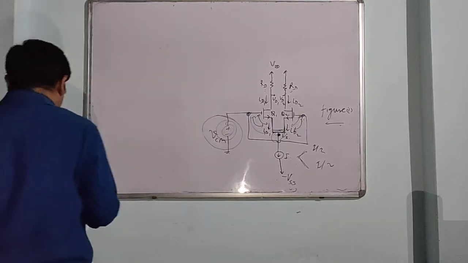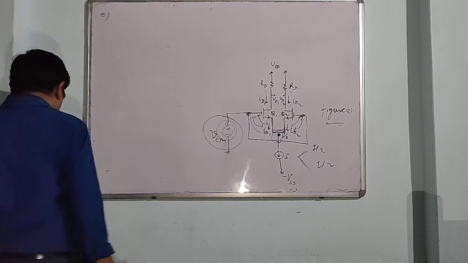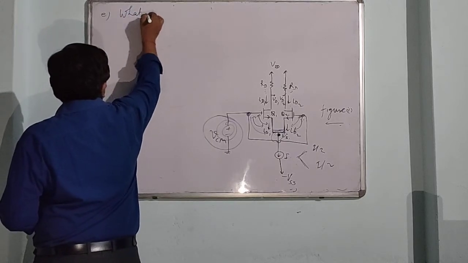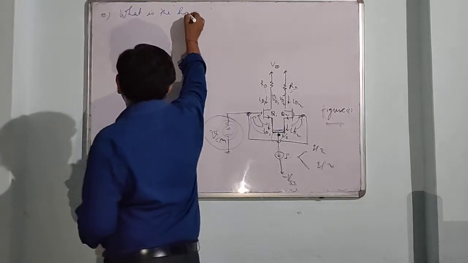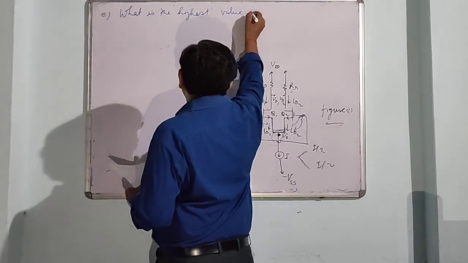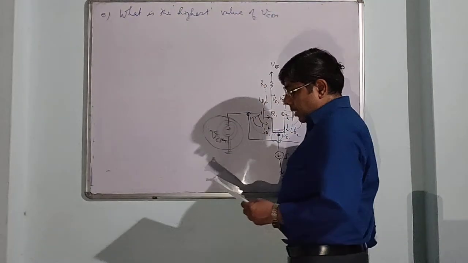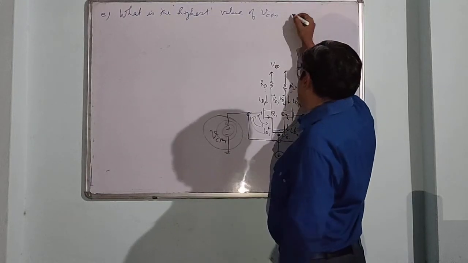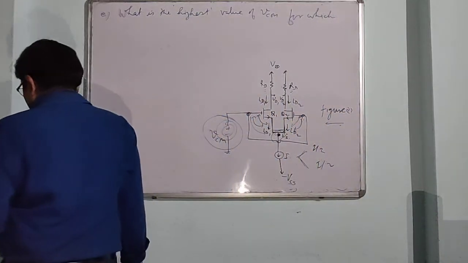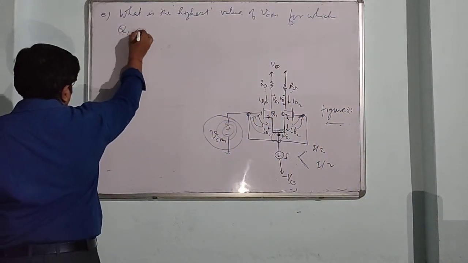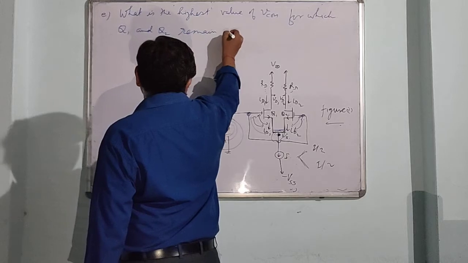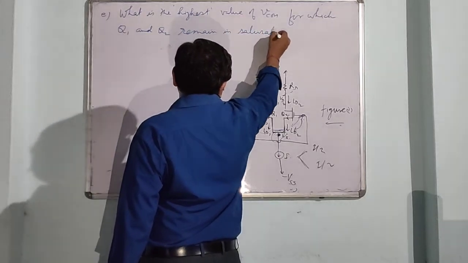Next part: what is the highest value of VCM, that is the common mode signal, for which Q1 and Q2 remain in saturation?